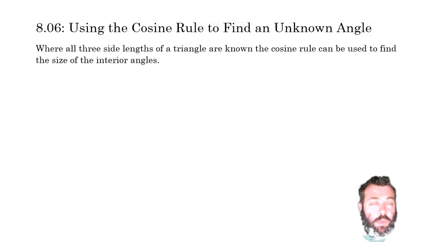The angle between them will be a capital C, and the opposite side will be a lowercase c. So the angle that we're going to find will be the angle opposite lowercase c. Keep that in mind.